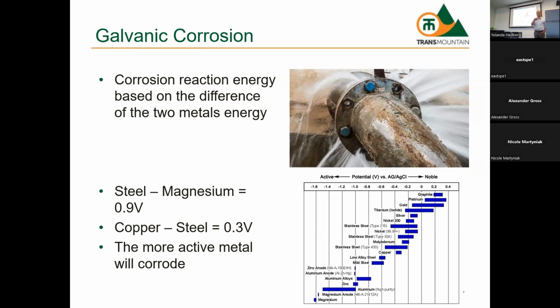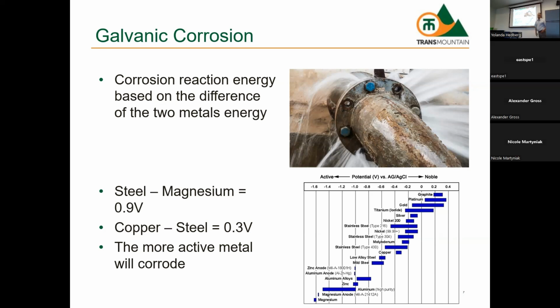The example which I'm going to show next in my first case study is copper versus steel. Remember this here: if you were to touch copper to steel, steel is right here, and copper is down here, so they are relatively close together.